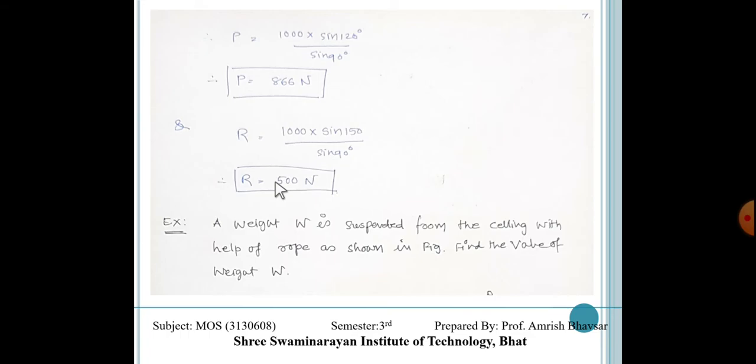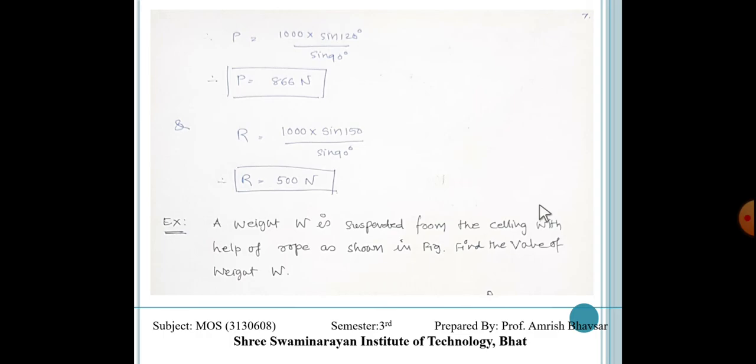Now another. Till this example, we have understood a single free body diagram. Now what happens when there is more than one free body diagram? It must be considered that it is in equilibrium. A weight of W is suspended from the ceiling with the help of ropes as shown in the figure.